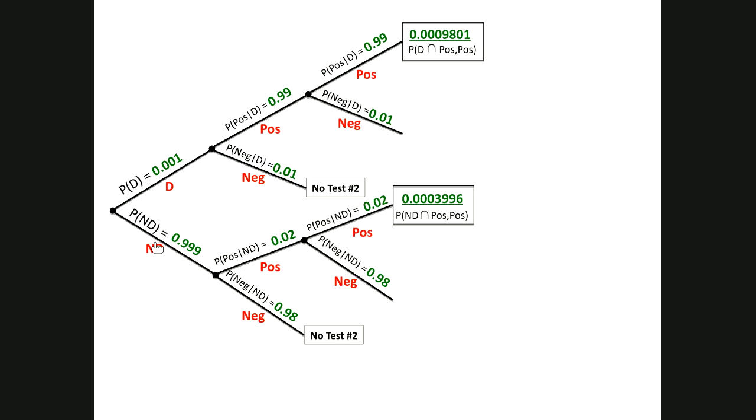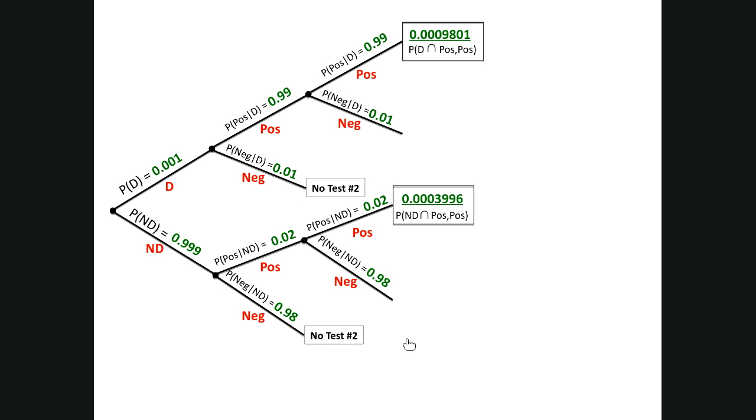In this case, there's a positive test and another positive test. In this branch, there's a positive test and then a negative. And in this case, the first test is negative, and so there's no second test. All right, so let's take a look at this and see what happens then.